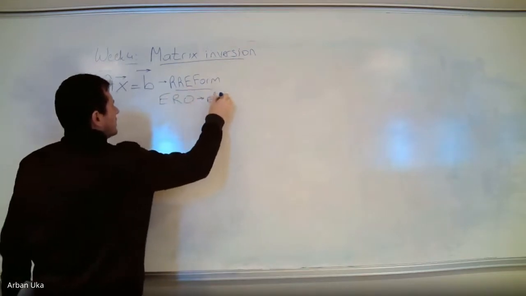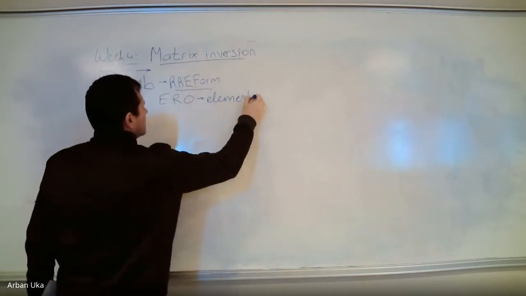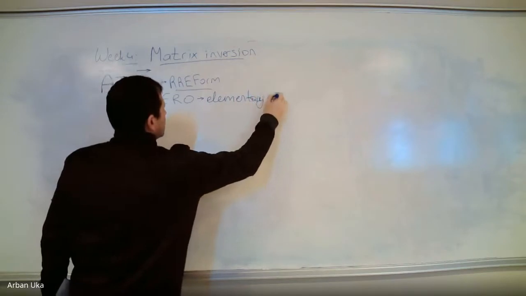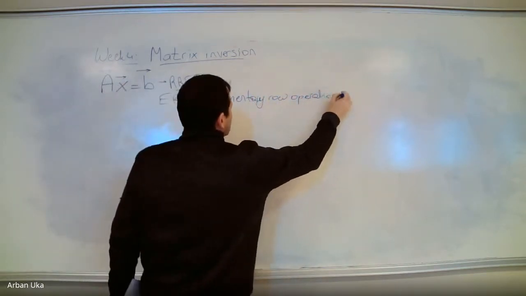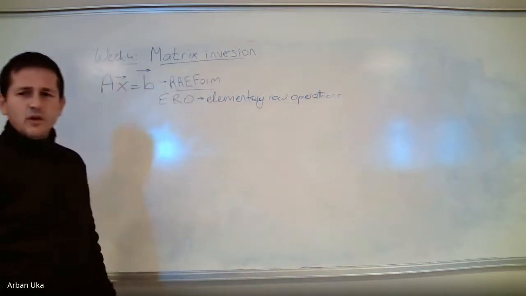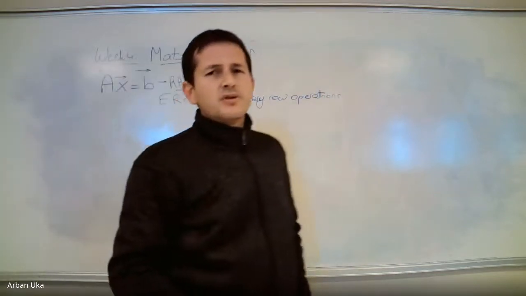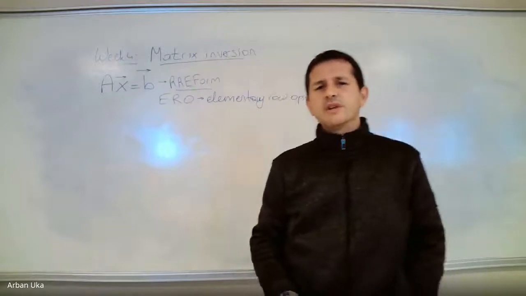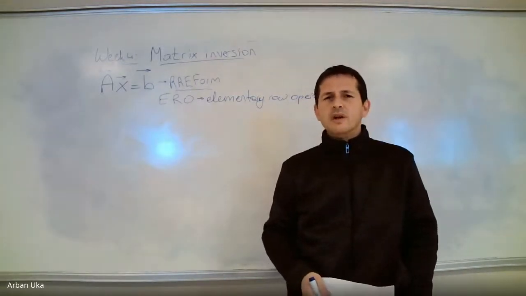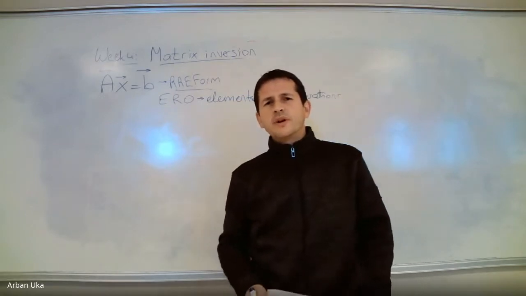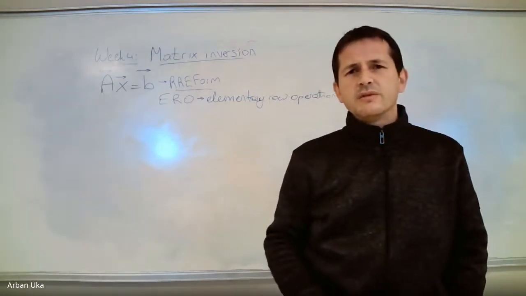So these would be the elementary row operations. Now, this keyword, elementary row operations, is very essential because it preserves the information that is initially represented by a matrix. Only if we use elementary row operations can we preserve the initial information.